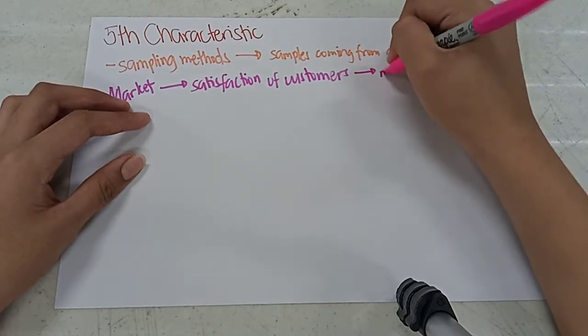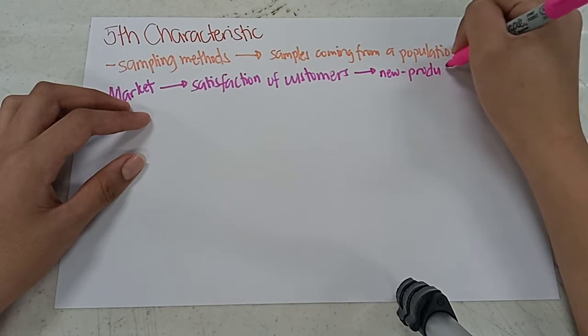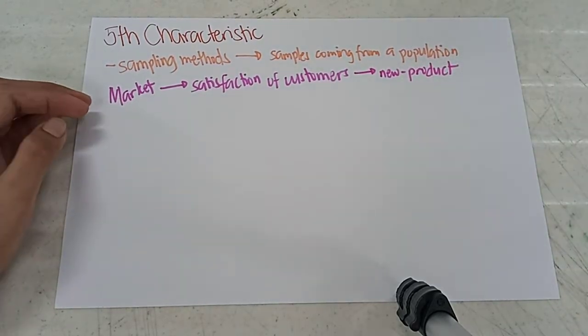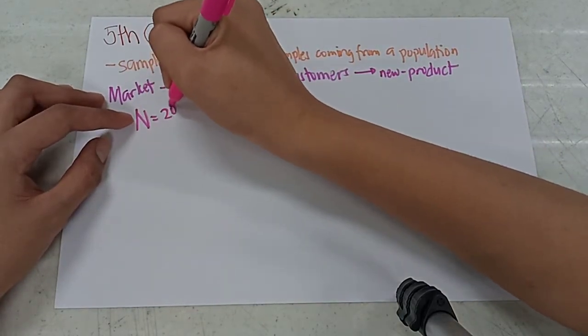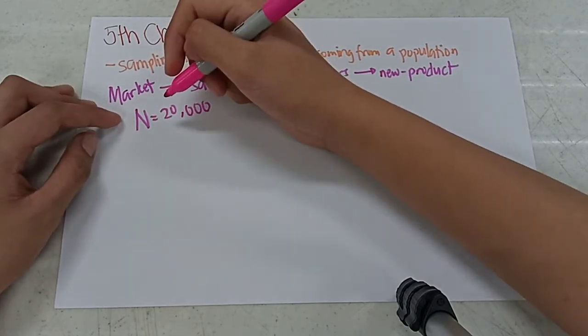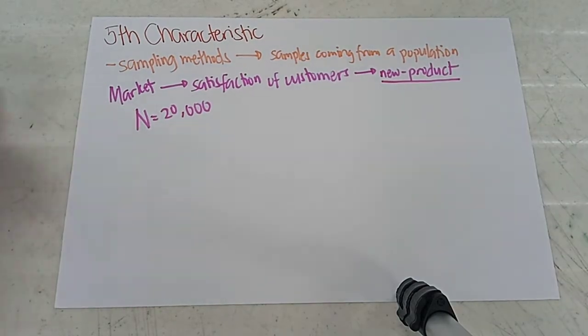There is a new product that was launched. They found out that they have approximately 20,000 customers, and these 20,000 customers are those who bought the newly launched product.